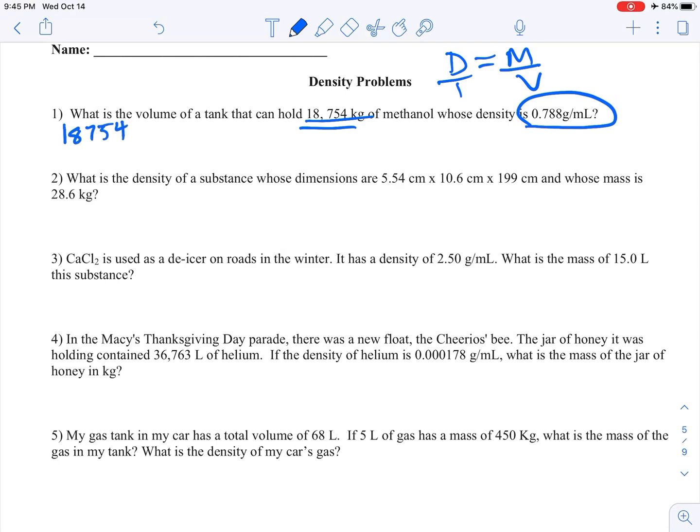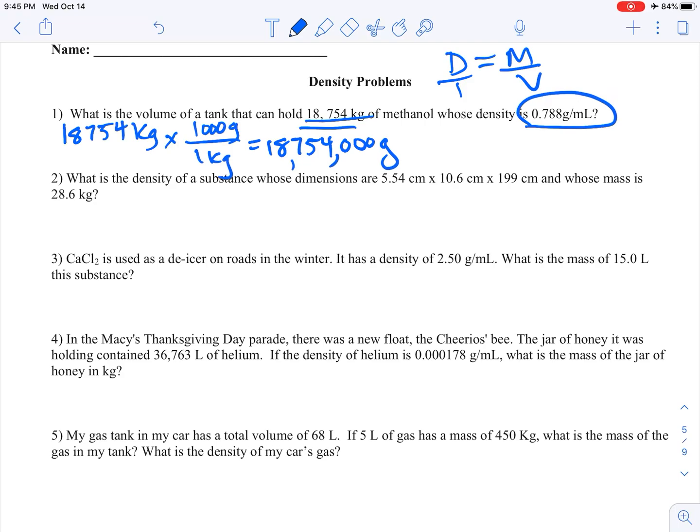Now you don't need to do it this way, but remember dimensional analysis. There's 1 kilogram, there's 1,000 grams, so we have to multiply by 1,000. So we have 18,754,000 grams. That's our mass.